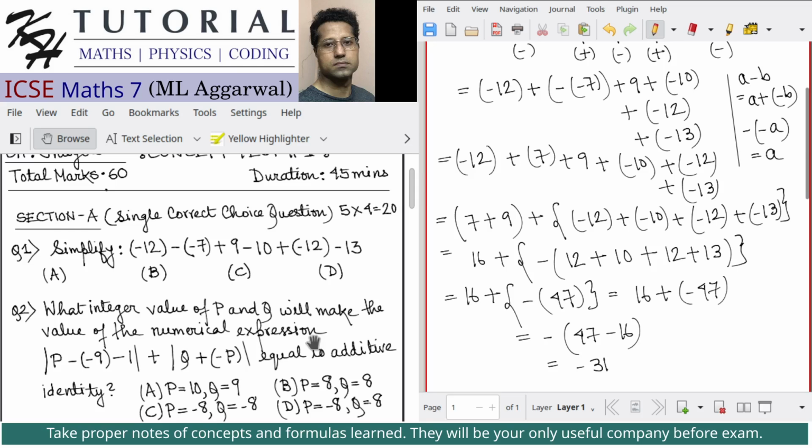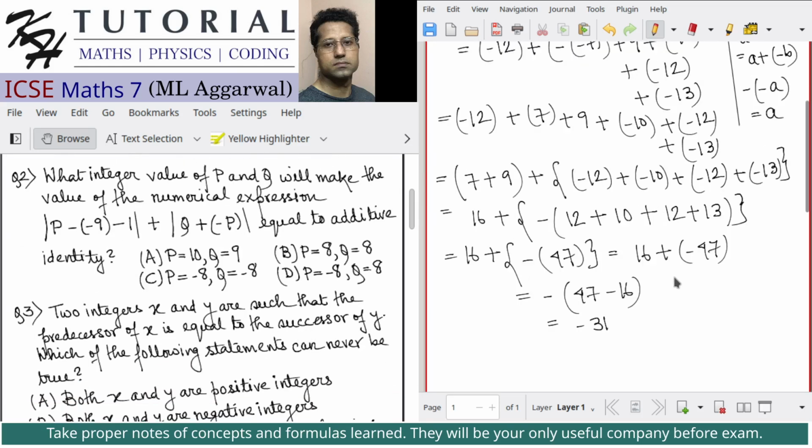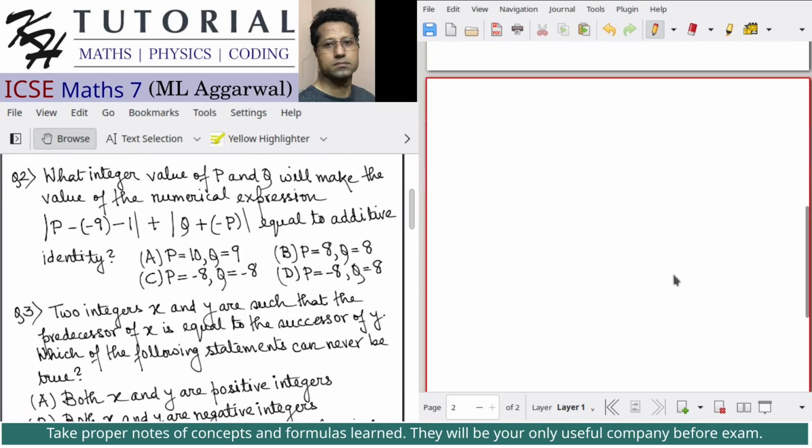Okay, let's do the next problem. Question number 2. Question number 2 says, what integer values of p and q will make the value of the numerical expression, as you can see, there is addition of two absolute terms. By absolute terms I mean a numerical expression inside an absolute symbol.